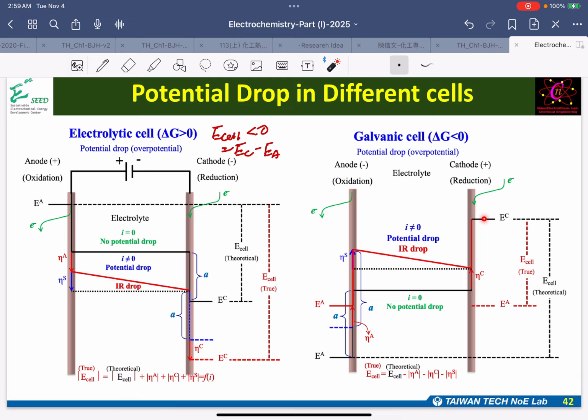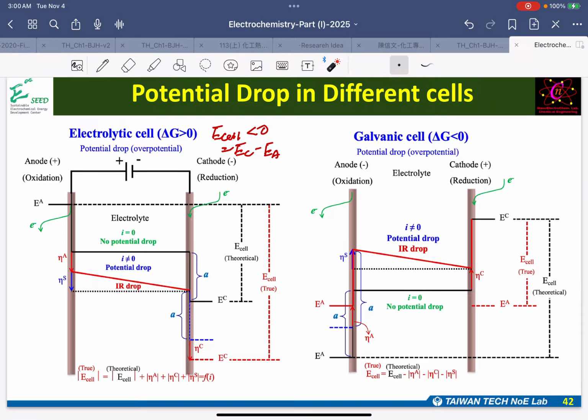So this is the potential drop at the equilibrium condition.